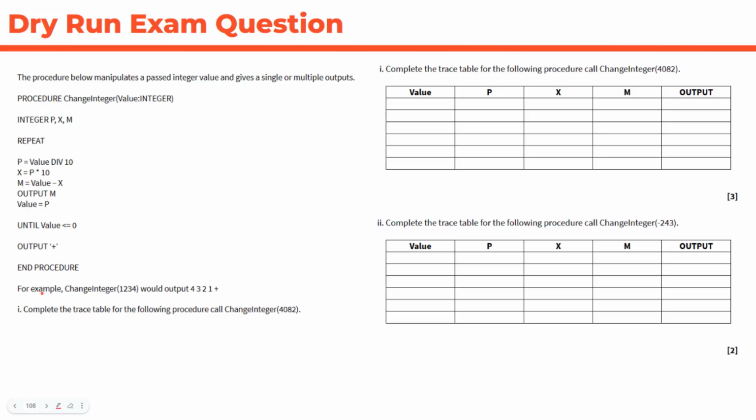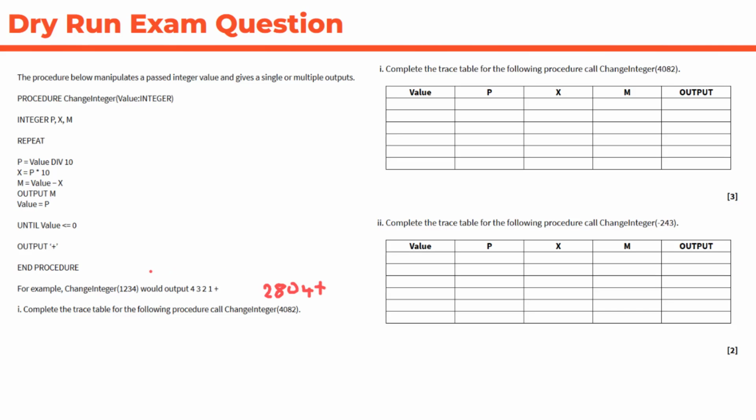It says, for example, change integer 1234 would output 4321 plus. So it reverses this and puts a plus on the end. Complete the trace table for the following procedure. Call change integer 4082. So I'm expecting this algorithm to output 2804 with a plus at the end.